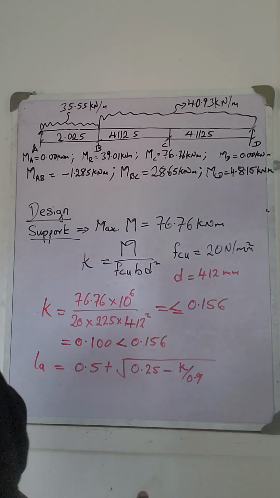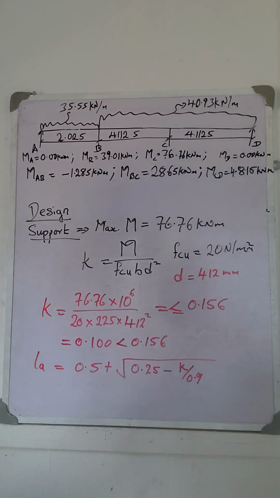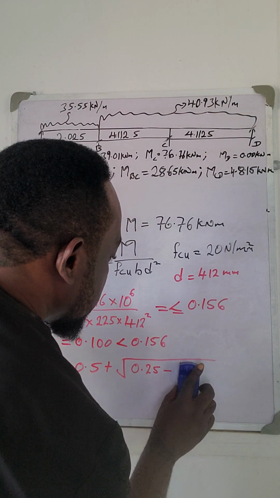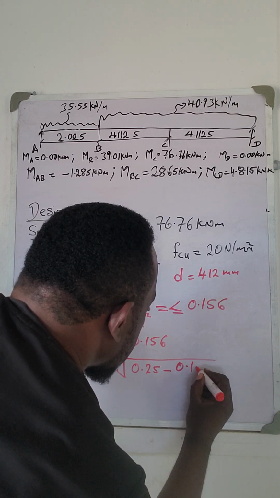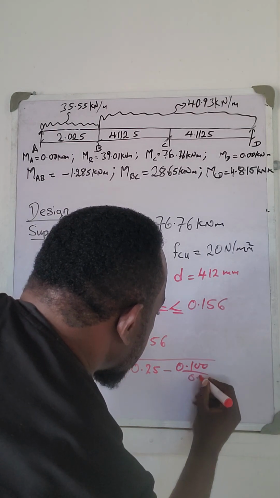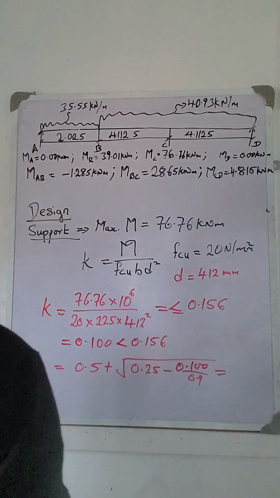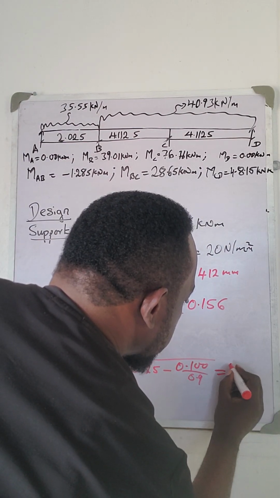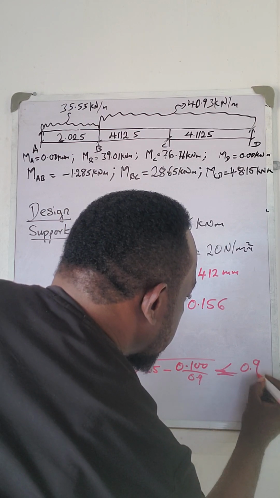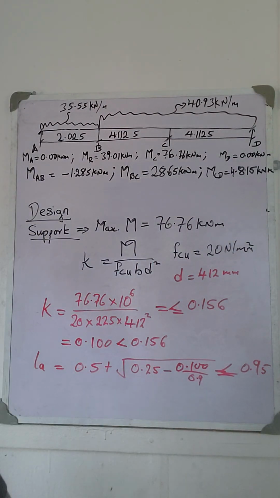Our K is 0.100. This must be less than or equal to 0.95. So let's quickly solve this and see if the result will be okay.